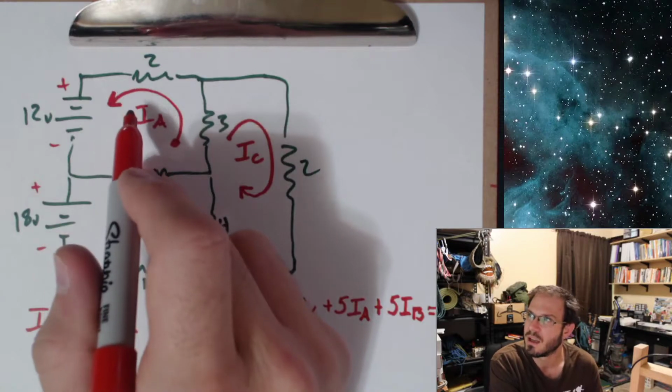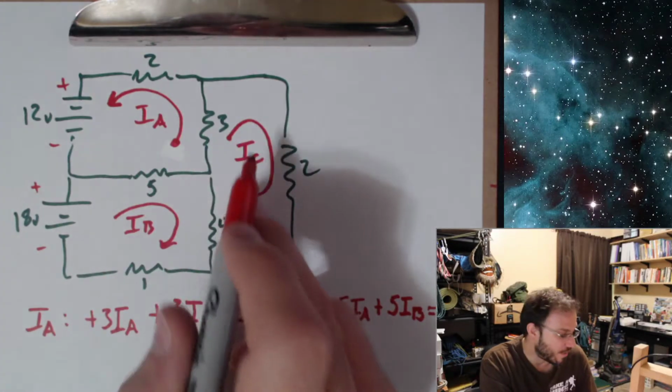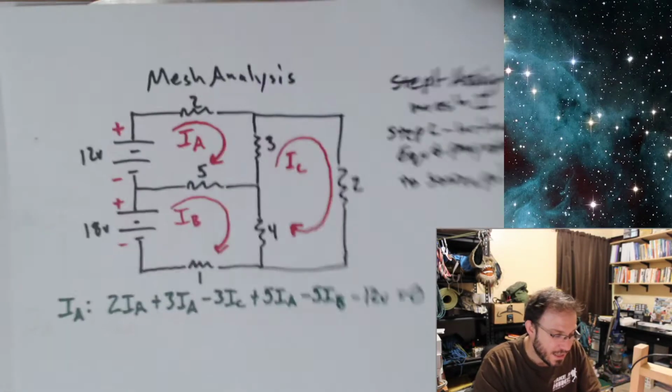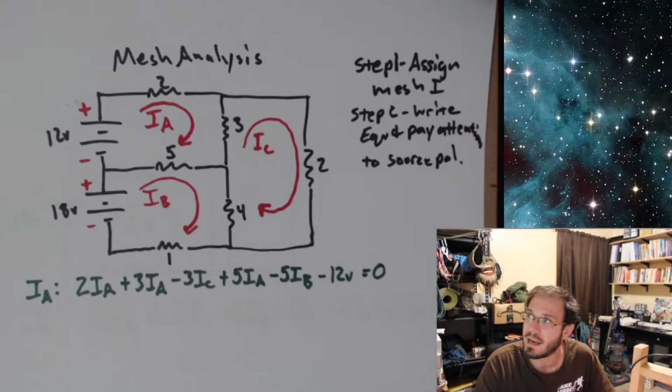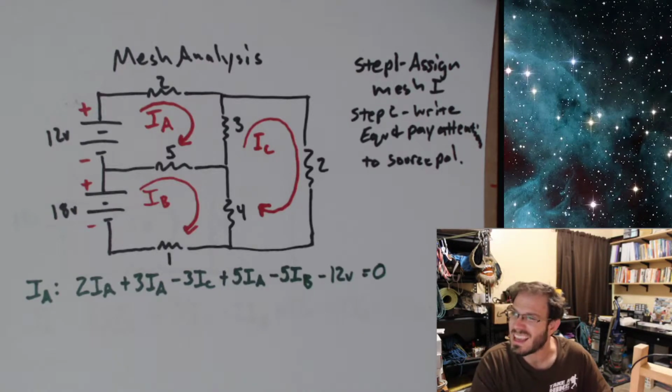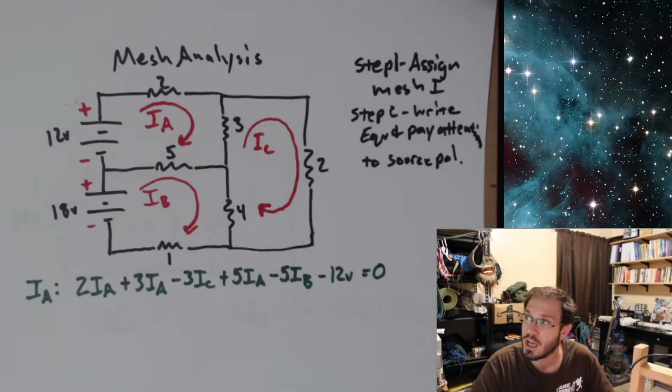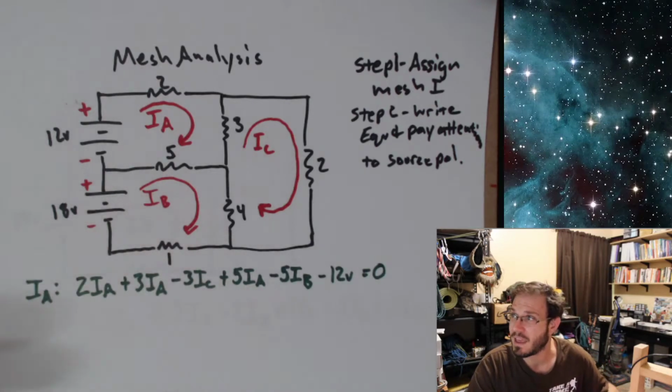Now, I advocate for writing them all to go in the same direction. And I advocate for writing them all going in a clockwise fashion. And the only reason for that is just so that you're practicing the same thing over again.